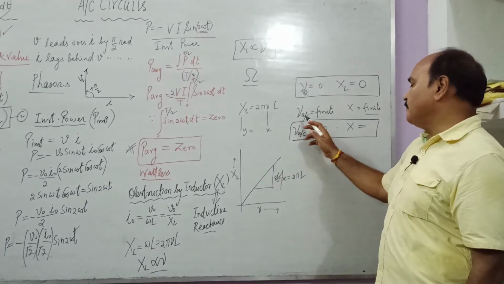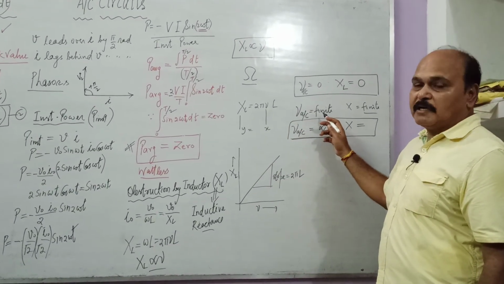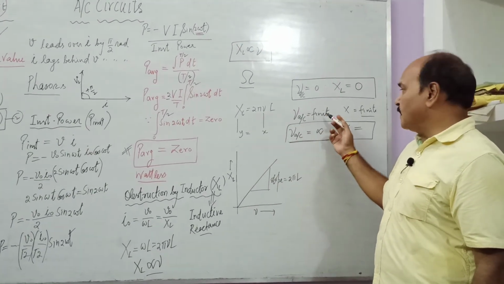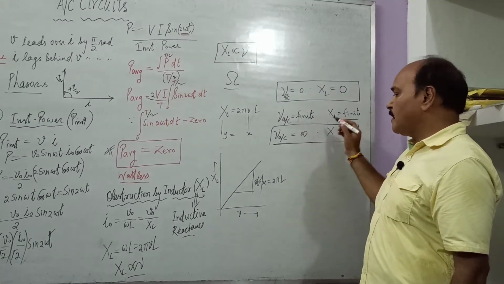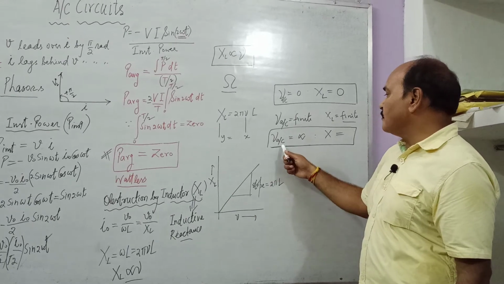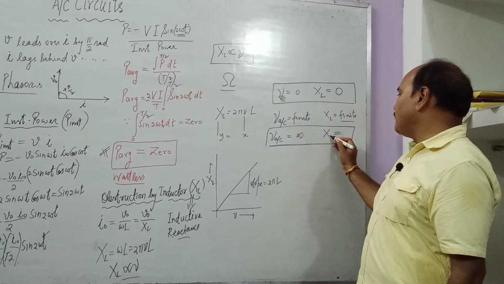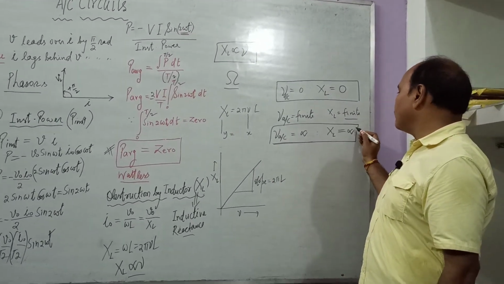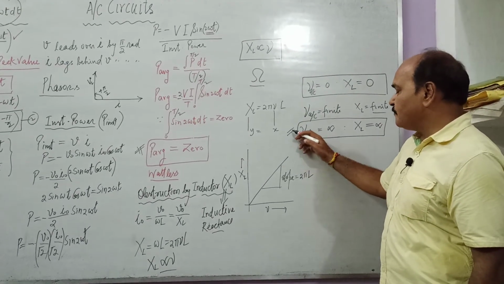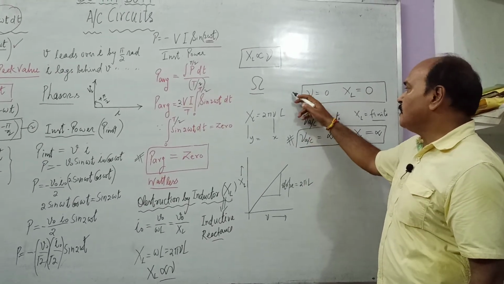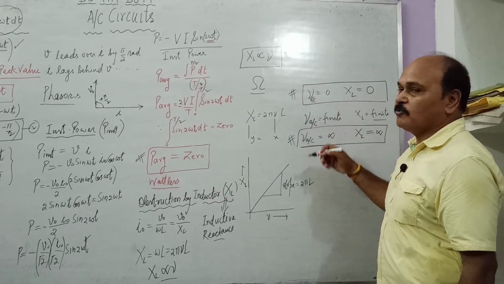When frequency is given, we take the frequency of alternating current as finite. So when frequency is finite, XL, that is obstruction by inductor, is finite. When frequency is infinite, the obstruction by inductor is infinite. So by default we take the frequency for AC source as infinite, and for DC source it is 0.